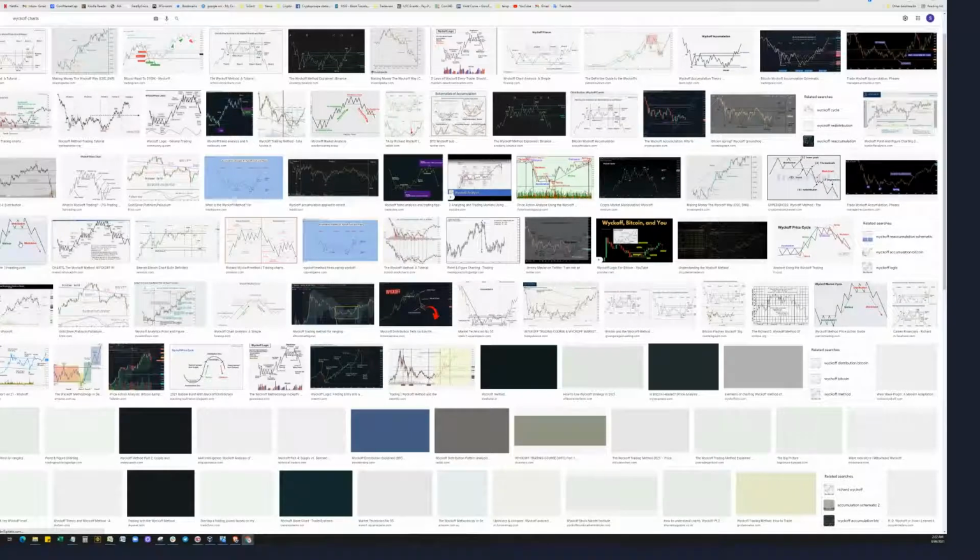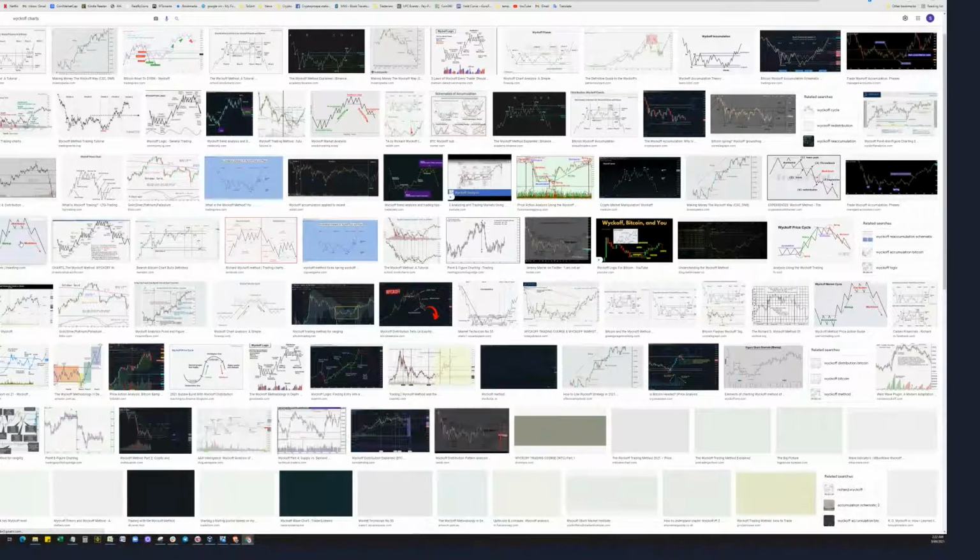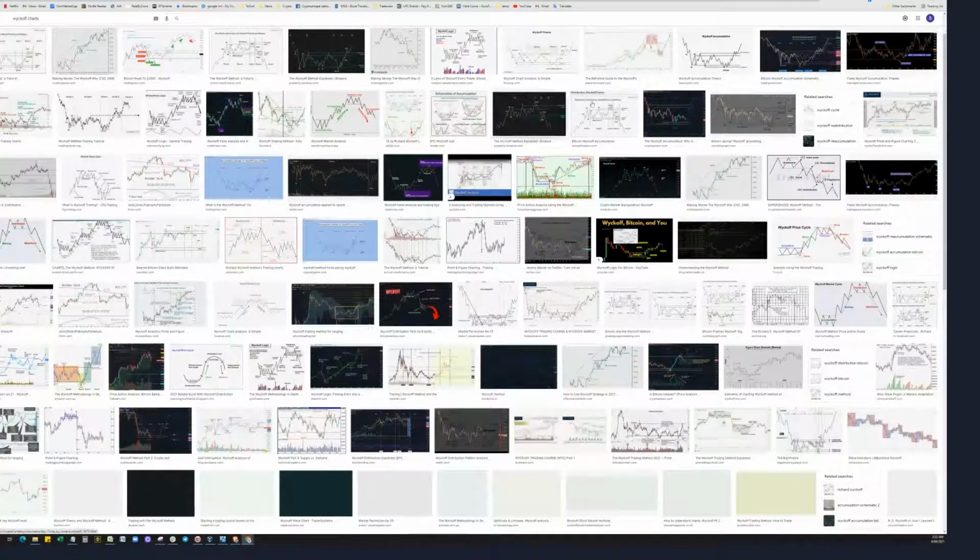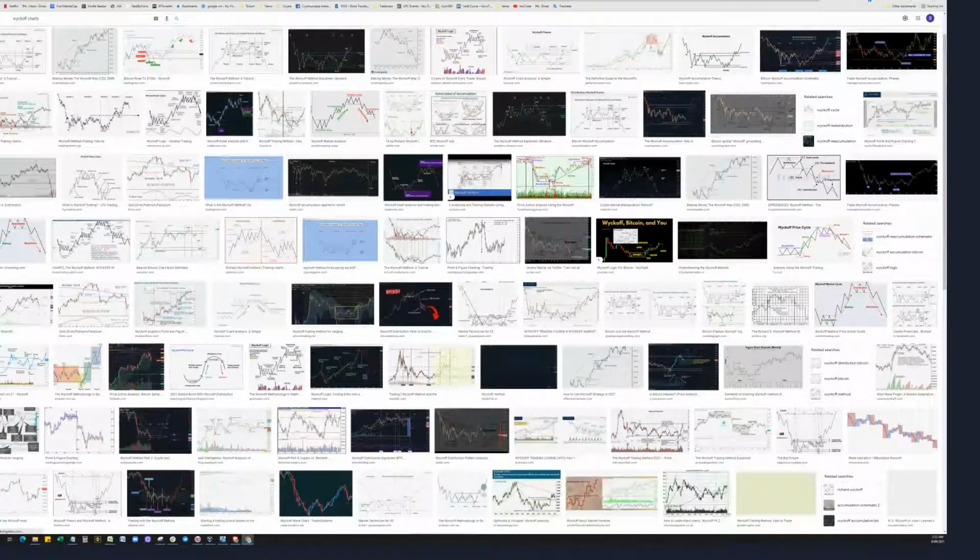I'm trying to look for a chart that might resemble it. It looks like I have to bring up my own notes. Give me a sec. Where are we? Do I have my own notes?